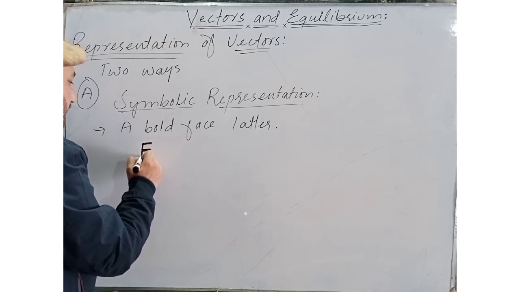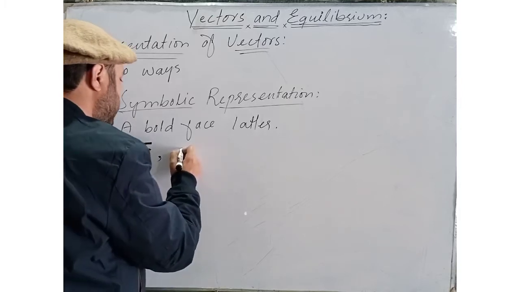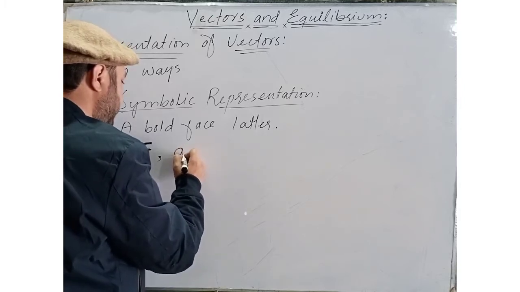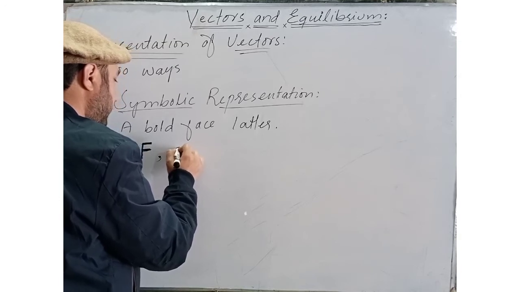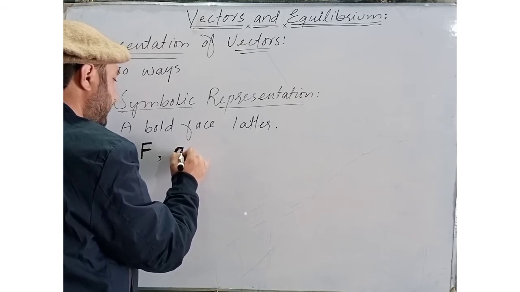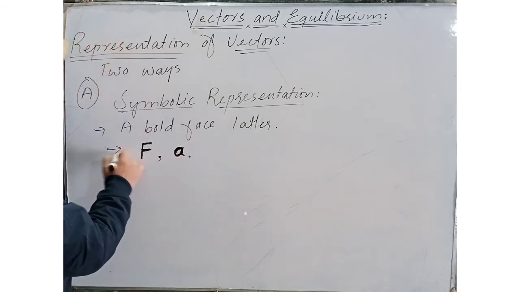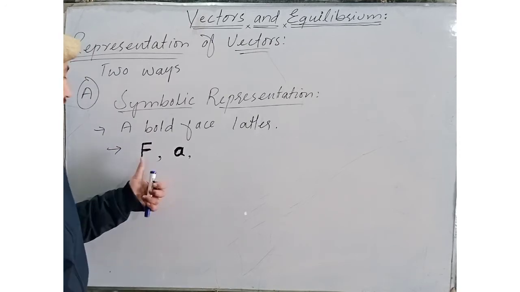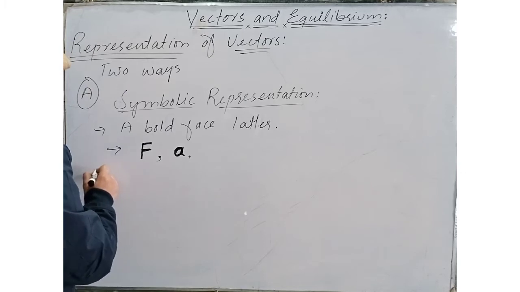So a bold letter can represent a vector quantity, or you can represent acceleration with a small letter, but it has to be bold, right? Okay, I hope it looks like a bold letter.